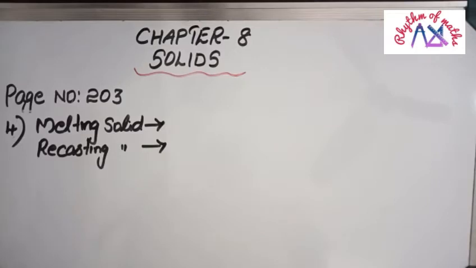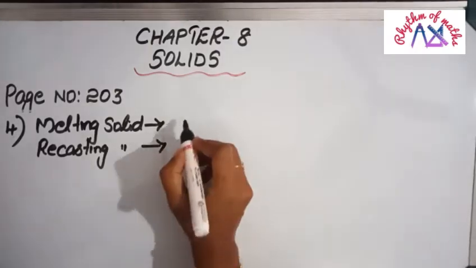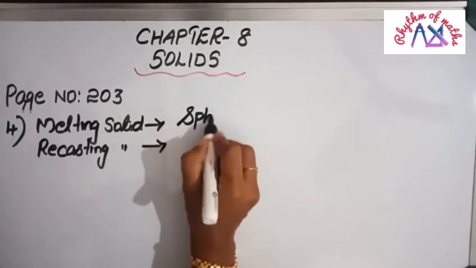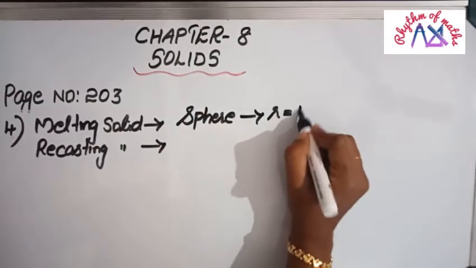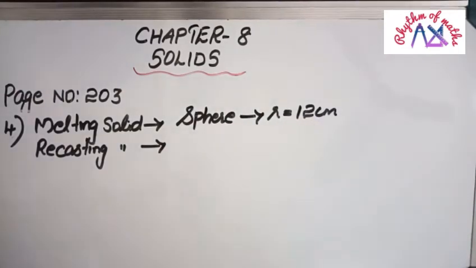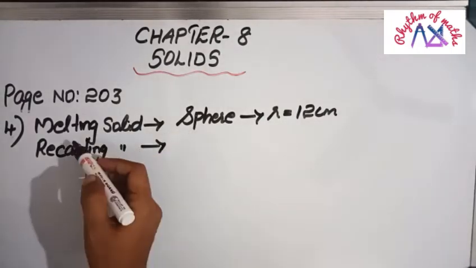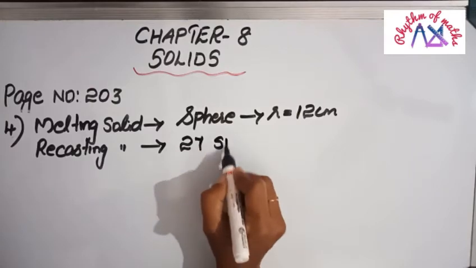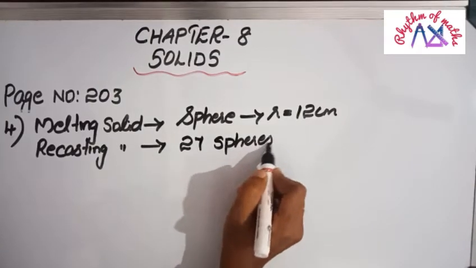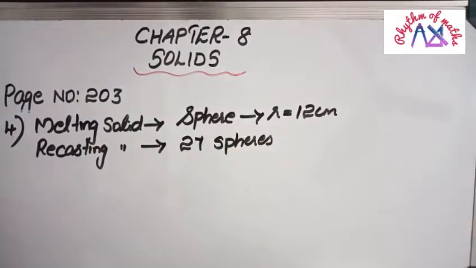Both are spheres. The melting solid is a large sphere. What radius is given? 12 centimeter. So a large sphere is going to melt and 27 small spheres are being created. Okay, 27 small spheres are recast from that volume.